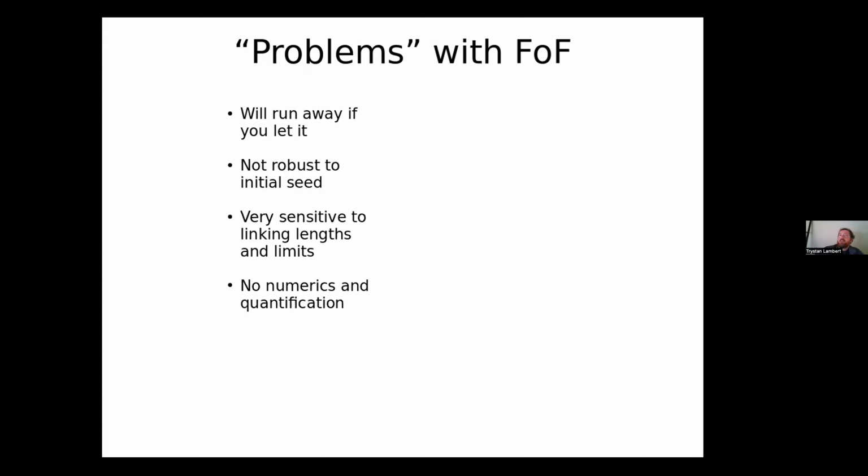You also don't get any quantification when you run it like this. You just basically get: this is a group, this is a group, and this is a group. Because it's so sensitive to linking lengths, if you have large linking lengths, you'll find clusters, and if you have short linking lengths, you'll find groups. It can't actually differentiate between the two.